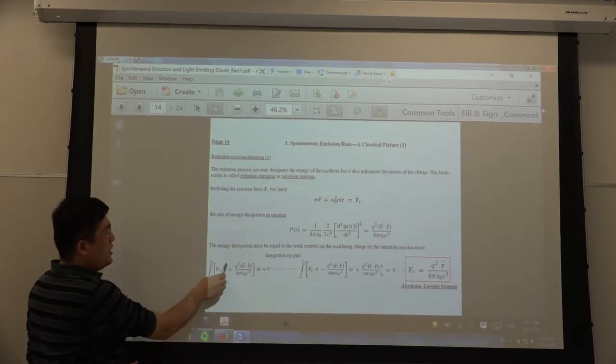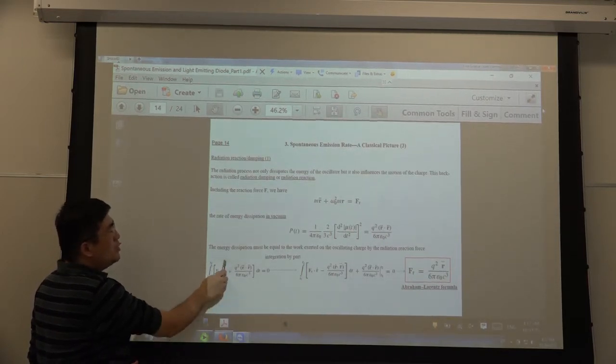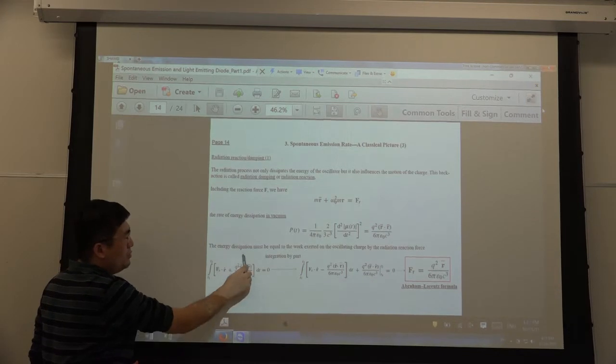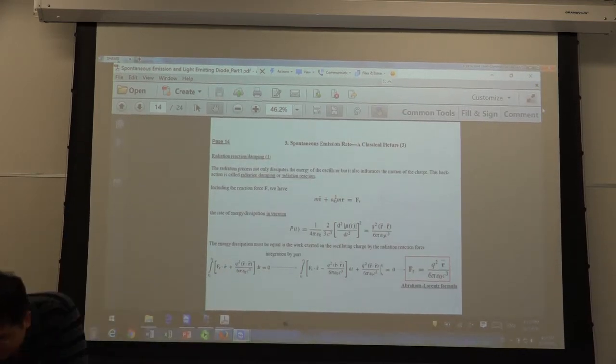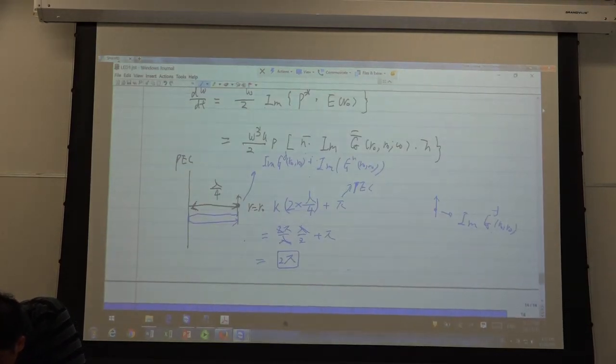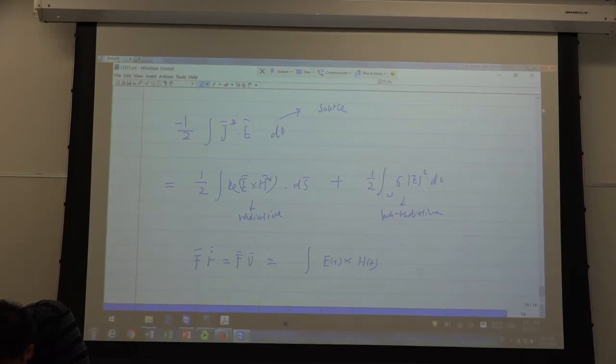F dot v, where r dot is v. F·v is power. This power should be equal to the total radiative power. So how to get this F? F_R·v equals the integral of E times H over dS, in the time domain.